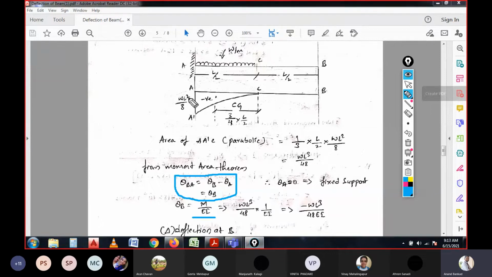That means the area under the load is the M by EI diagram, right? This is the area under this load in the M by EI diagram. That is what is written here for theta B. So this is how you need to calculate the theta B value.